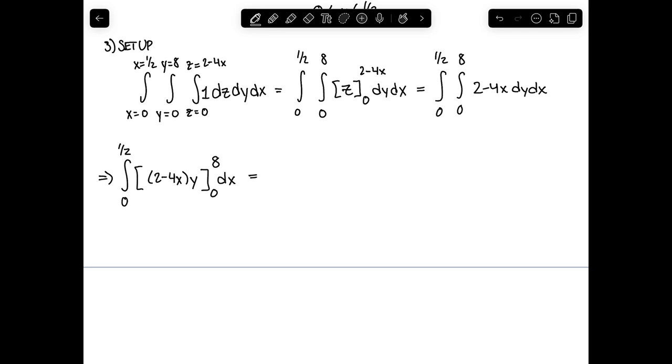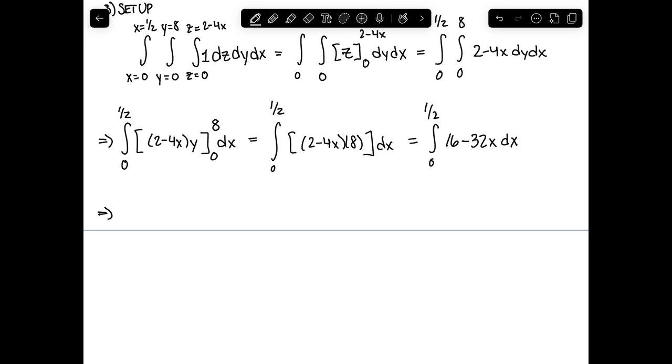Okay, so then now we're going to have this integral from 0 to 1/2 of 2 minus 4x times 8, dx. Okay, let's simplify it a little bit more. We're going to end up getting this integral from 0 to 1/2 of 16 minus 32x dx. Perfect, looks good.